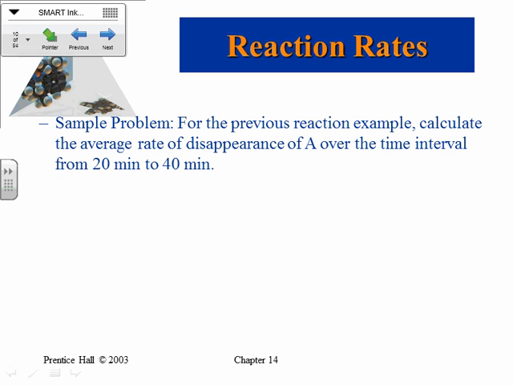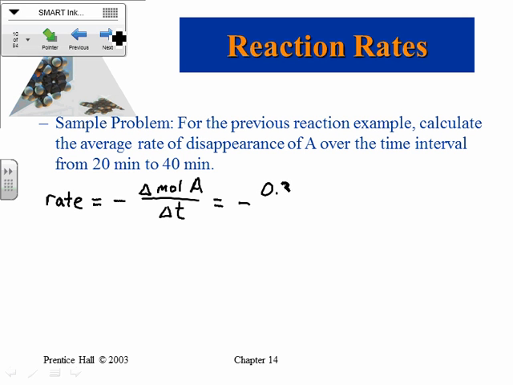Alright, so sample problem here. For the previous reaction example, calculate the average rate of disappearance of A over the time interval from 20 minutes to 40 minutes. So we have our data here, okay? And again, our rate is going to be equal to, here, the opposite of the change in moles of A over the change in time, okay? So we've got our negative here. At 40 minutes, there are 0.30 moles of A left, okay?